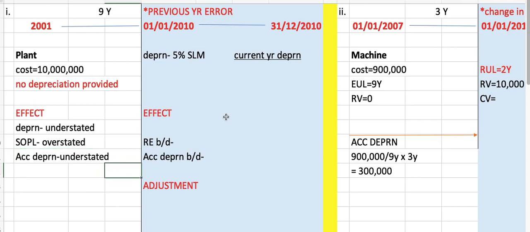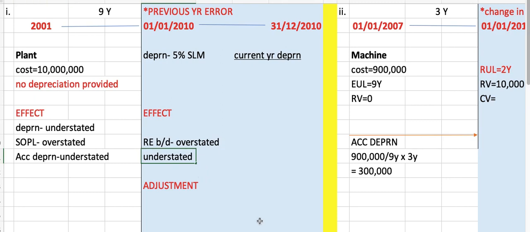Now you need to do the adjustment in the current year. When the SOPL is overstated, that means the retained earnings that you carry forward are also overstated, and the accumulated depreciation that you carry forward is understated.